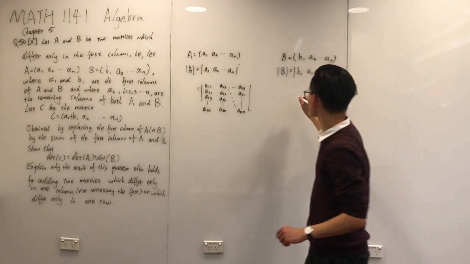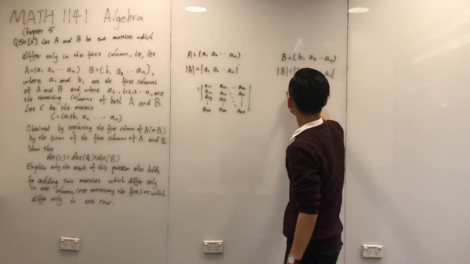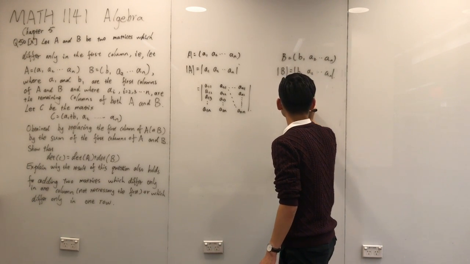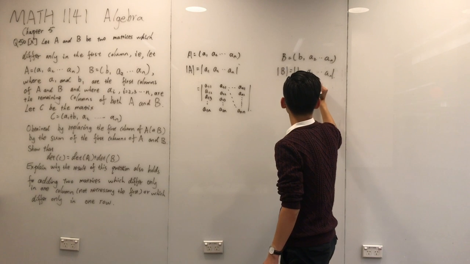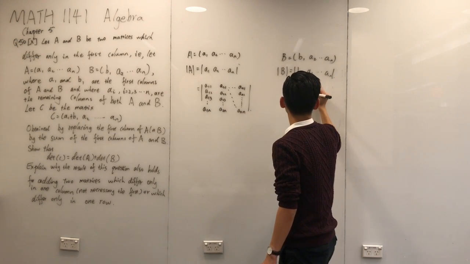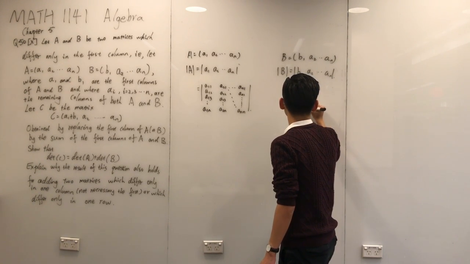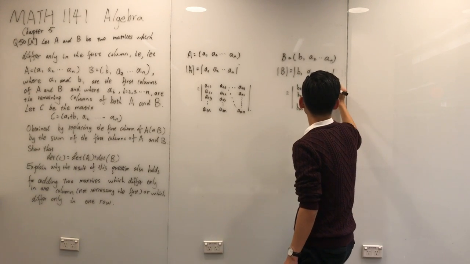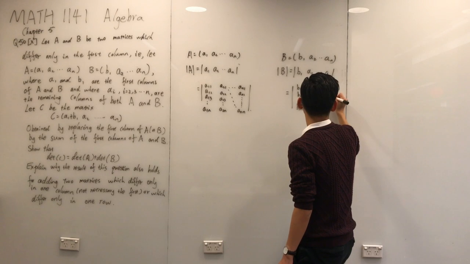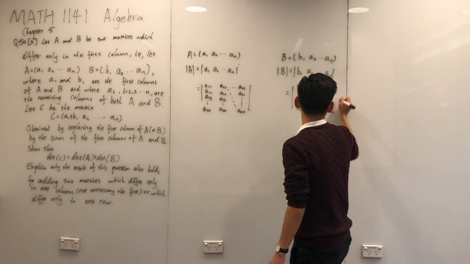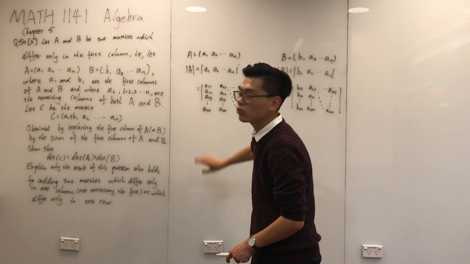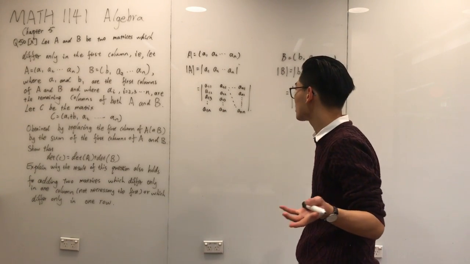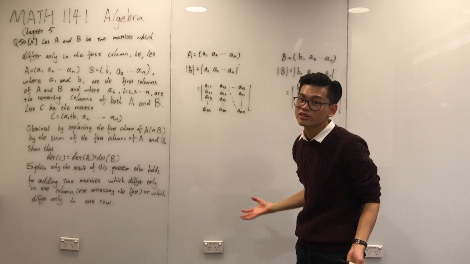Right? So we write out the determinant, right? Now we need to calculate the determinant. See, we've got two ways to calculate the determinant, right?